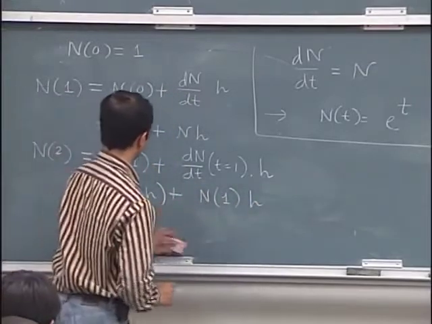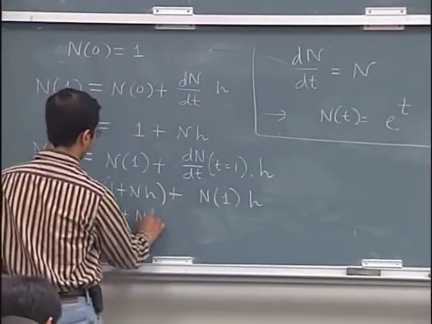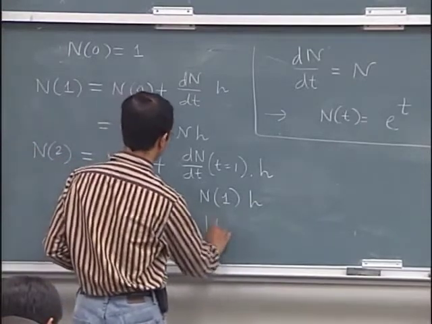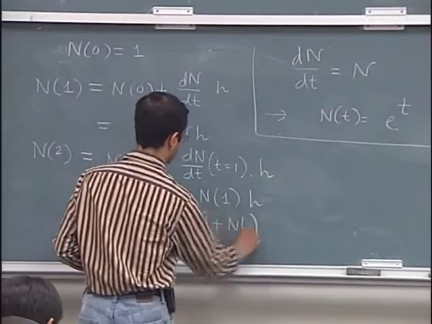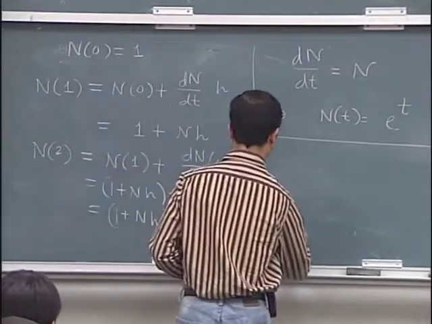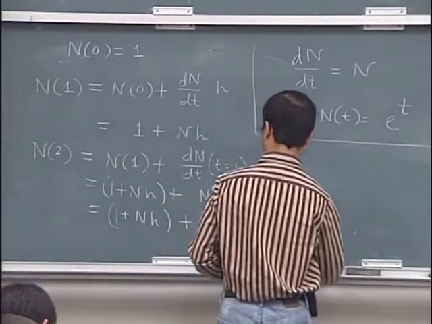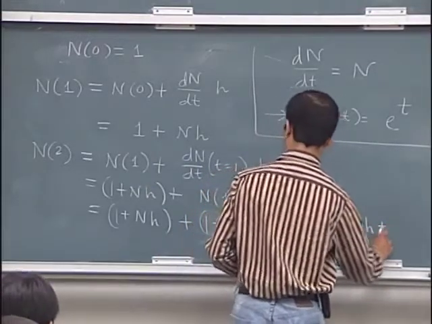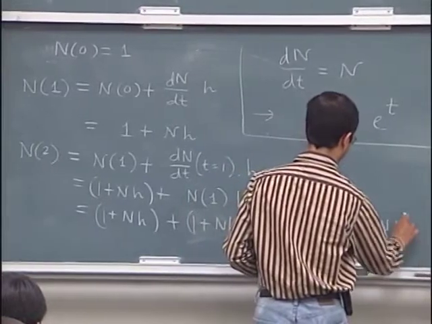So it's 1 plus nh plus n1, which is 1 plus nh, times h, equals 1 plus 2nh plus nh square.